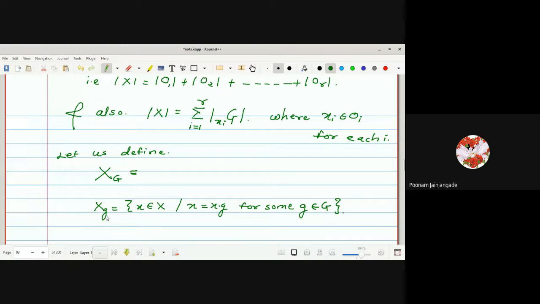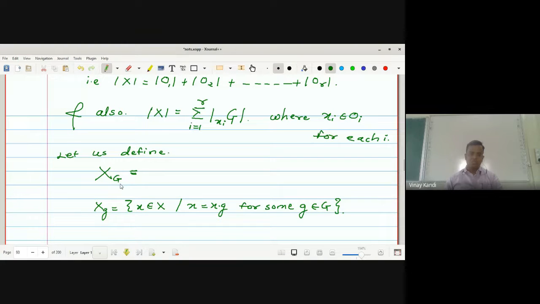Now here, instead of small g, capital G is there. So this is the collection of those elements of capital X such that x is equal to x into g for all g belongs to capital G. Why have we taken here for all g belongs to capital G?